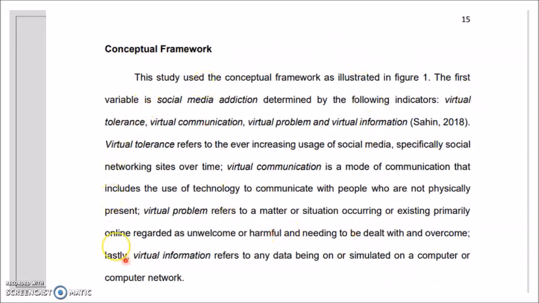Now, here is another example or another sample for conceptual framework. Ito rin, sumampong 2019. Sumampong et al. 2019 pa rin ito. Okay, so this is conceptual framework, first paragraph. You can pause this video and you can read through the sample.